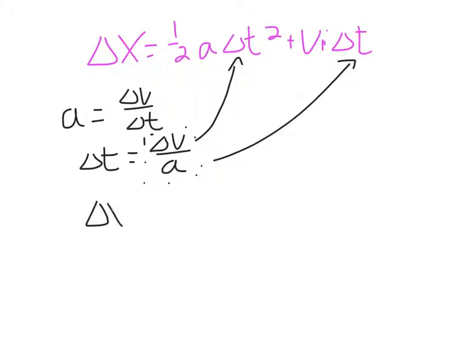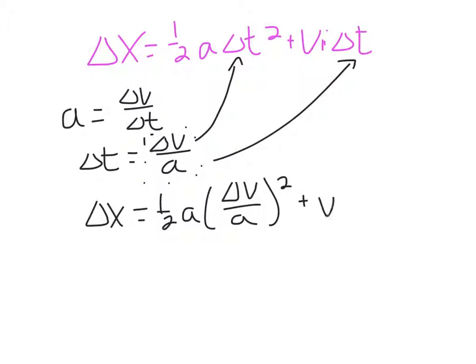So this leaves me with delta x equals 1/2 a (delta v over a) squared plus v initial delta v over a. Now it's algebra.